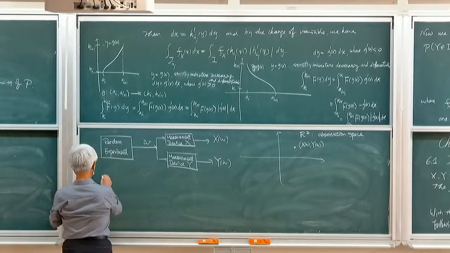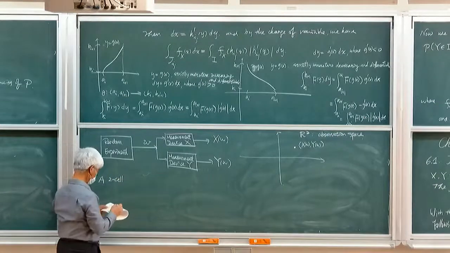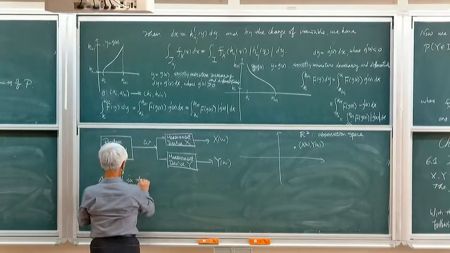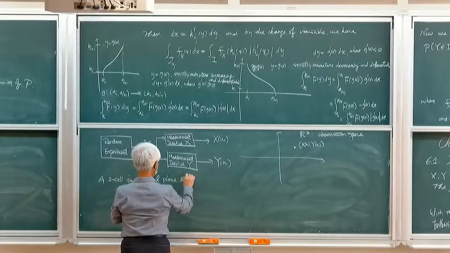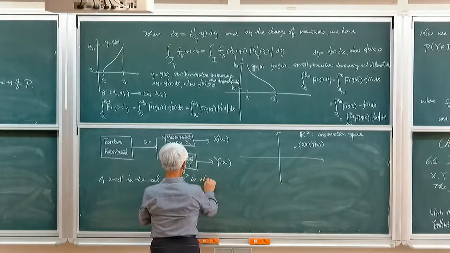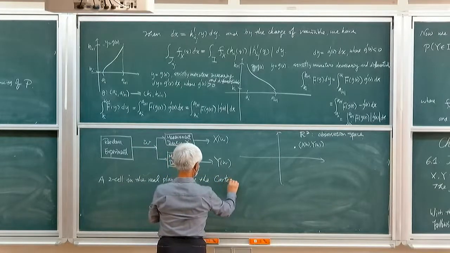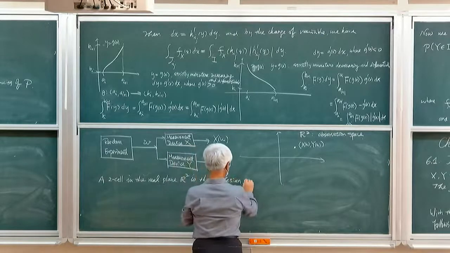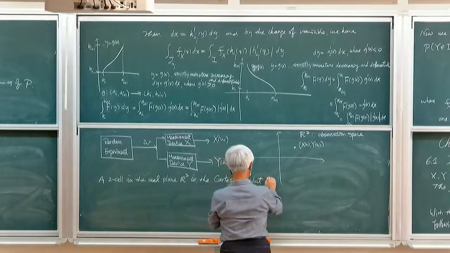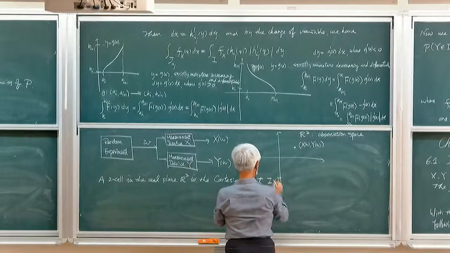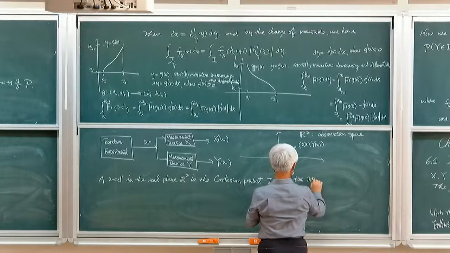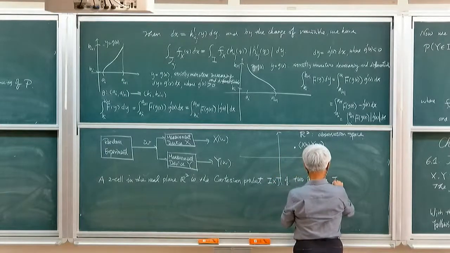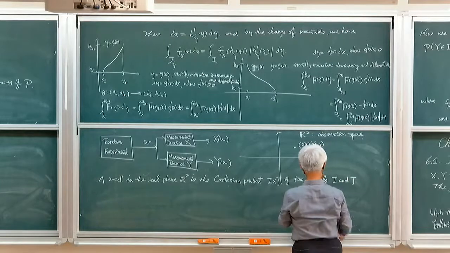Okay, so a two cell in the real plane R2 is the Cartesian product I cross J of two intervals I and J on the real line.